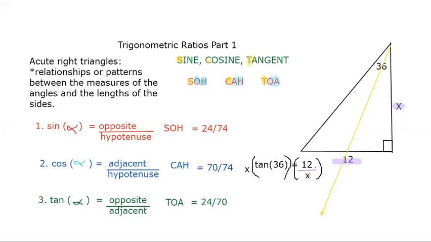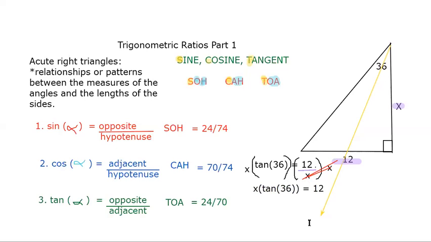When we do that, the x's on the right are going to cancel. Anytime you multiply a fraction by the denominator, that denominator goes away. And what it's going to leave us with is x times the tangent of 36 equals 12.